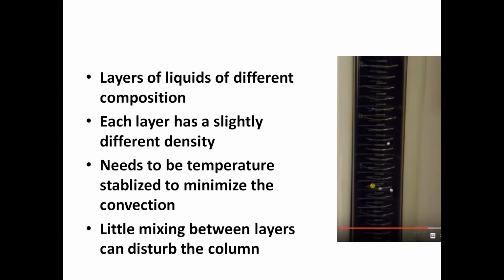Now, come to the density gradient column. As you are seeing in the picture which I placed here, layers of liquids of different compositions are formed, and each layer has slightly different density.